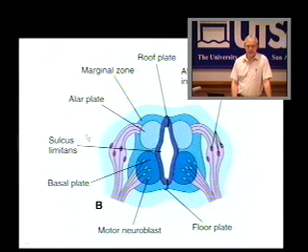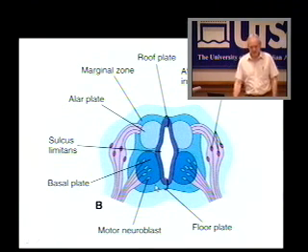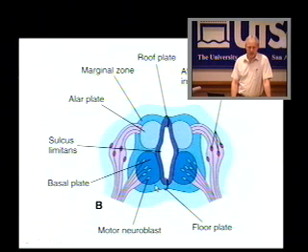Alar means wing, and basal plate, obviously, at the base or the ventralmost portion of the intermediate zone of the developing neural tube. The marginal zone still is out here, as we had stated, becoming established as the white area of the spinal cord, white matter.